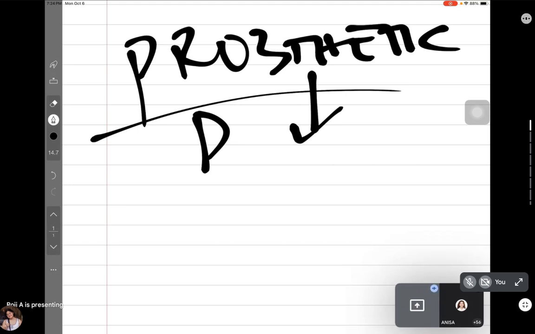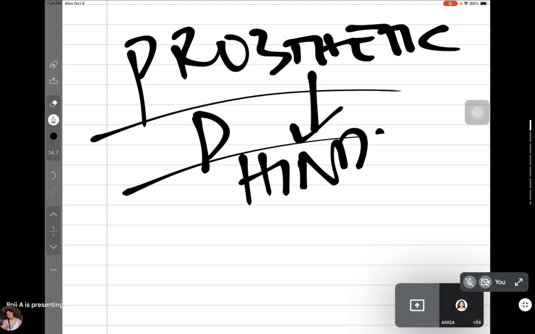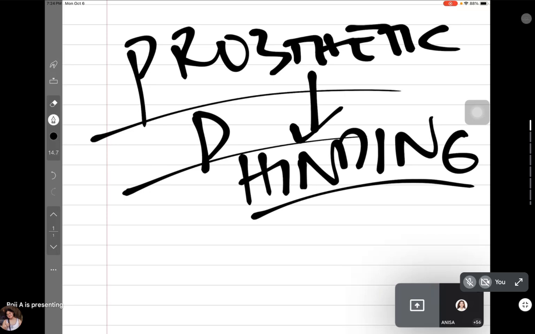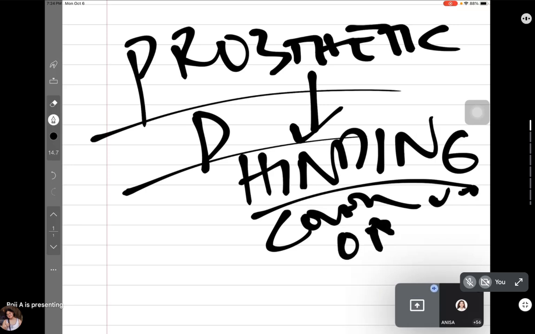That's why prosthetic is hiding something, such as probably covering up. Diba? Merong opacity, you wanna cover it up.